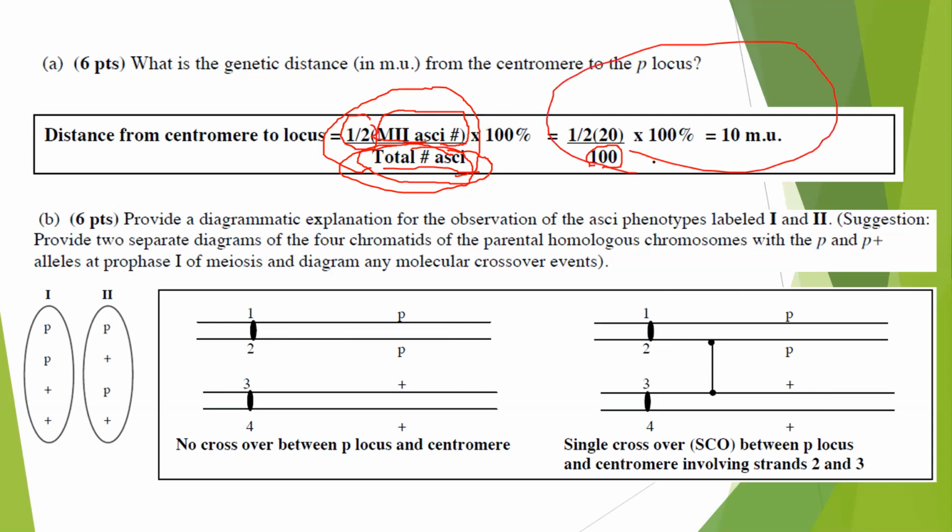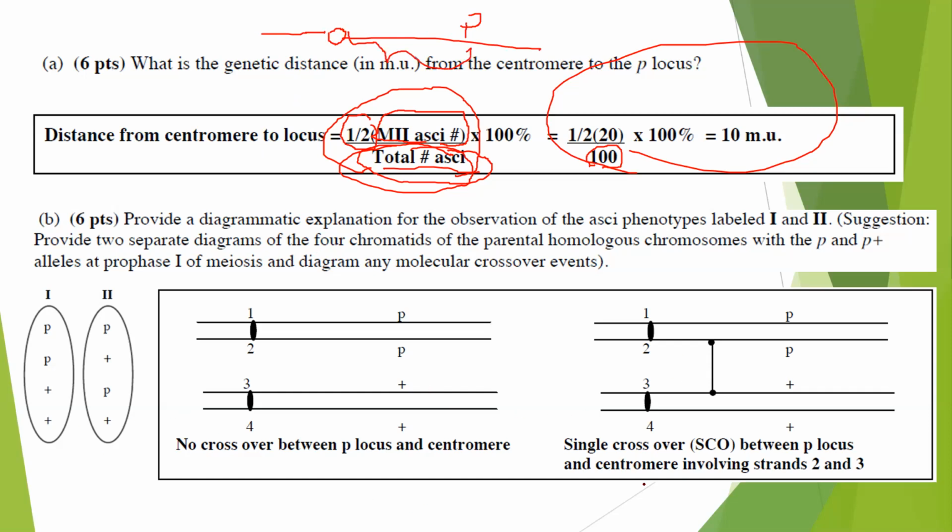This will give you the answer. It's very, very easy. Remember, we want to calculate the distance between the centromere and this gene.